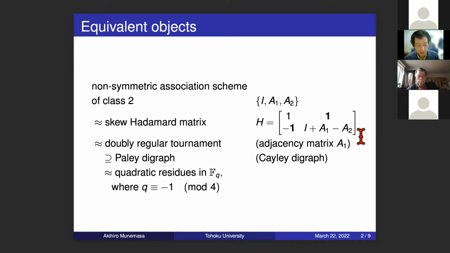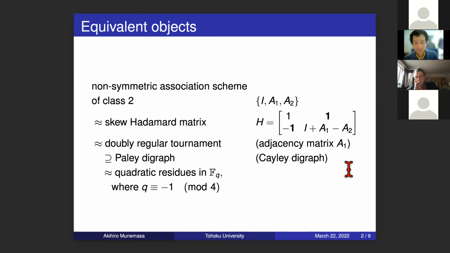And conversely, if you have a skew-Hadamard matrix, and if you normalize the first column and first row in this manner, all 1 and -1 here, then you can recover a non-symmetric association scheme of class 2 in terms of this lower right corner.